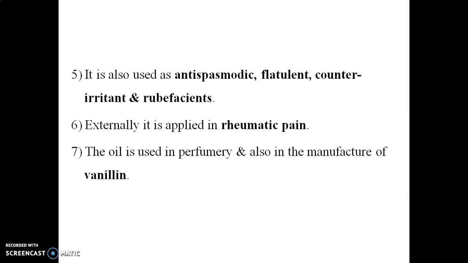Then externally it is applied in rheumatic pain also. And the oil is generally used for perfumery and also in the manufacture of vanillin. In the chemical constituents we have seen it contains vanillin, so obviously it is used for the manufacture of vanillin. So this is all regarding the uses of clove oil.